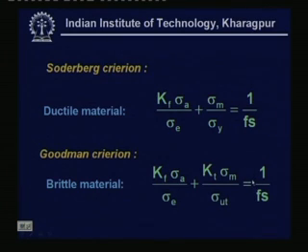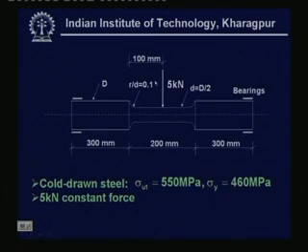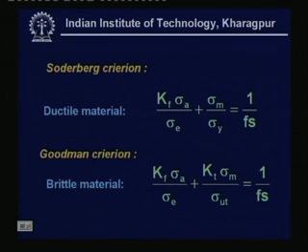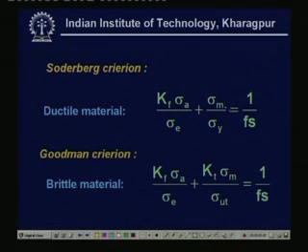Whenever we are considering a ductile material, you should remember that always the stress amplitude sigma A should be multiplied by Kf, what we consider as the fatigue stress concentration factor, for which we had a detailed discussion in the earlier class.